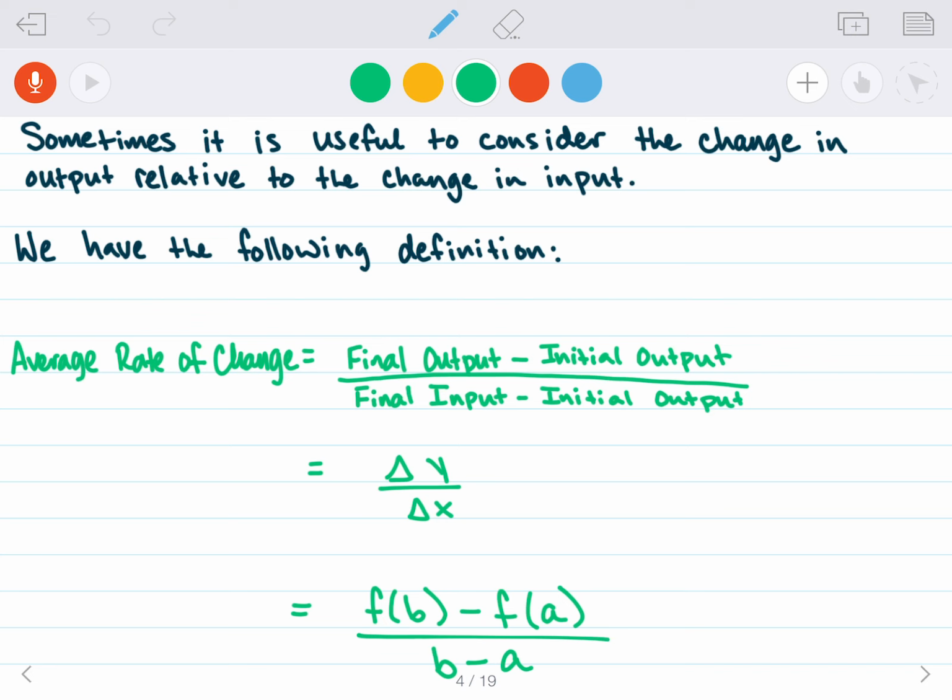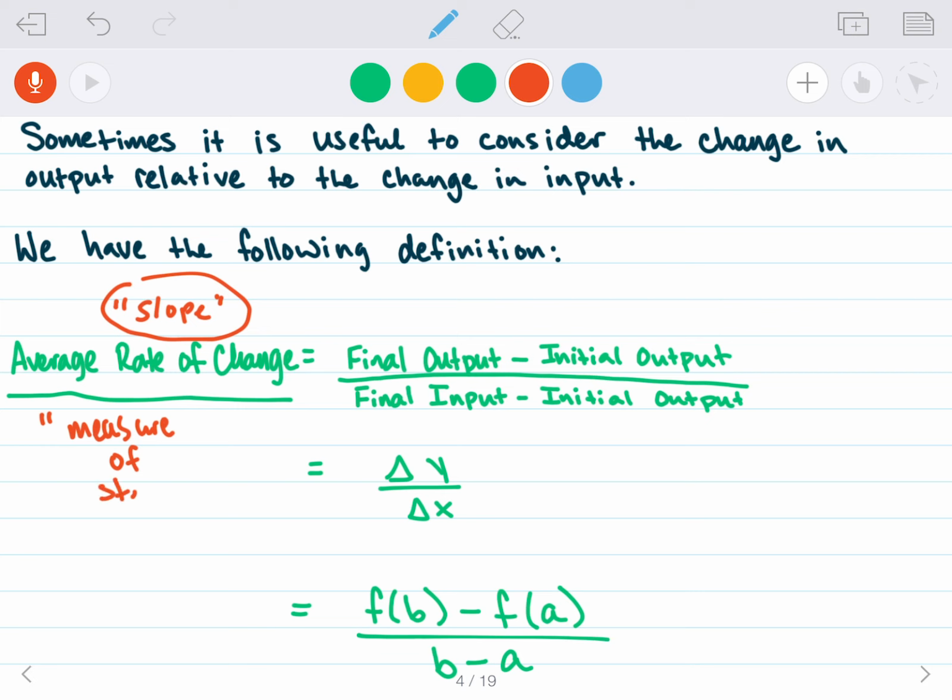So this is called the average rate of change. Now, in the back of your head, you don't have to know this word yet, but next week we're going to be talking about average rate of change in terms of slope. And all this means, again, is the measure of steepness of a line segment, just like we did in the first example.